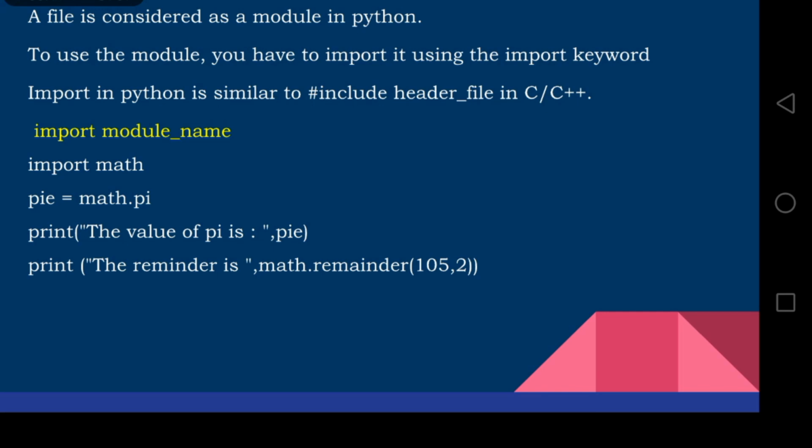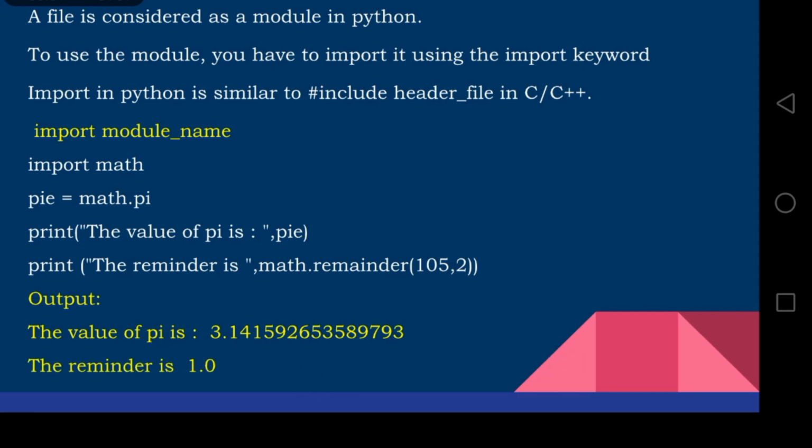That means 105 is divided by 2 and the remainder is 1, which is given as the output. So these are two examples of using the value of pi and the value of remainder from the math module. There are many functions we can use from the math module. We are just using, for example, the pi value as well as the remainder function.